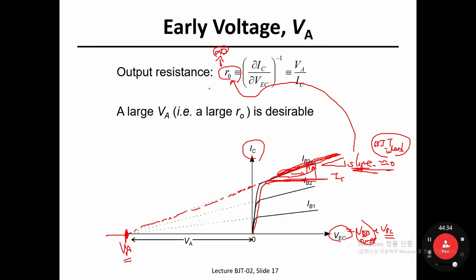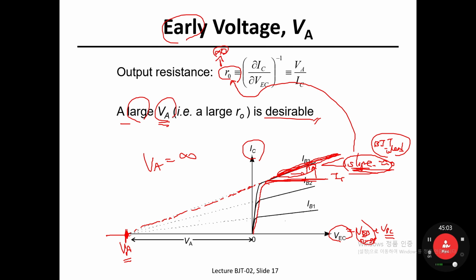So Early means the person's name, okay? So Early voltage. Well, if your BJT is very ideal, in other words its slope is 0, then VA would be infinite. So since you'd like to make your BJT very ideal, the Early voltage VA should be very large. So a large VA is very desirable.